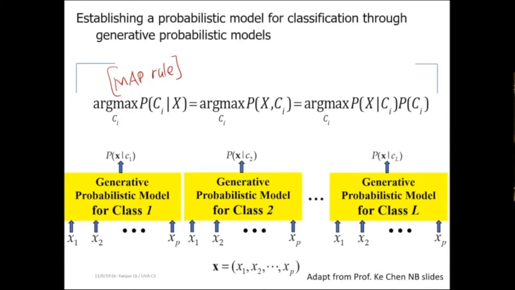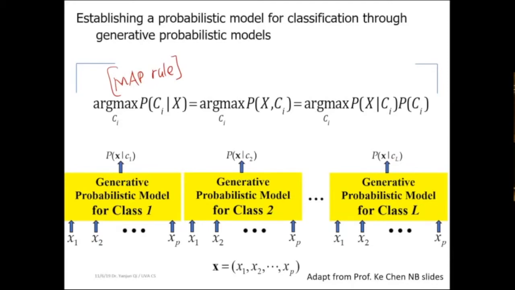And each one of them is a separate model. The first generative model, conditional on C1, generates x. The second generative model is conditional on C2, the third and so on until the last, CL. They are all generating X samples, but from different generative models.